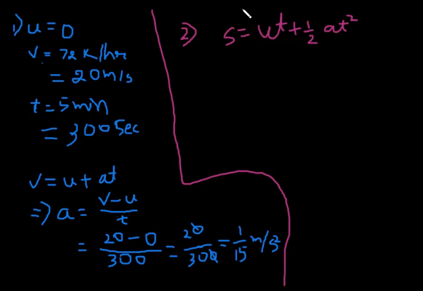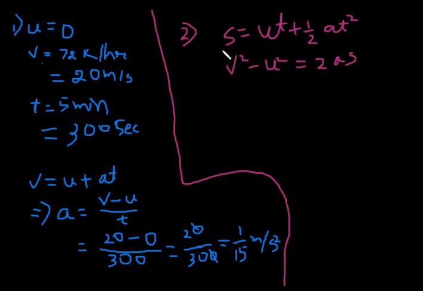This is one formula to find out the distance traveled by the body. We have another formula, that is v square minus u square is equal to 2as. Out of these two, you can use any one, either this one or this one. Okay, so let me use the second formula.